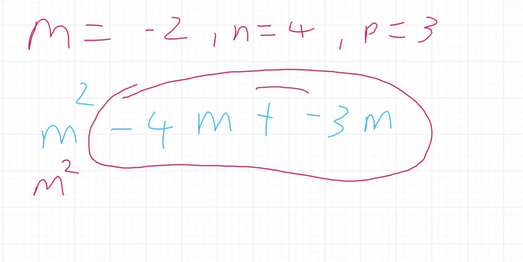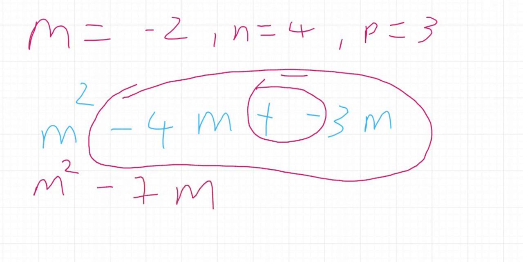When you see a negative and a positive clashing, we know that the negative is always stronger. So these two operations turn out to be a negative. We have negative 4m minus 3m, and that gives us negative 7m.